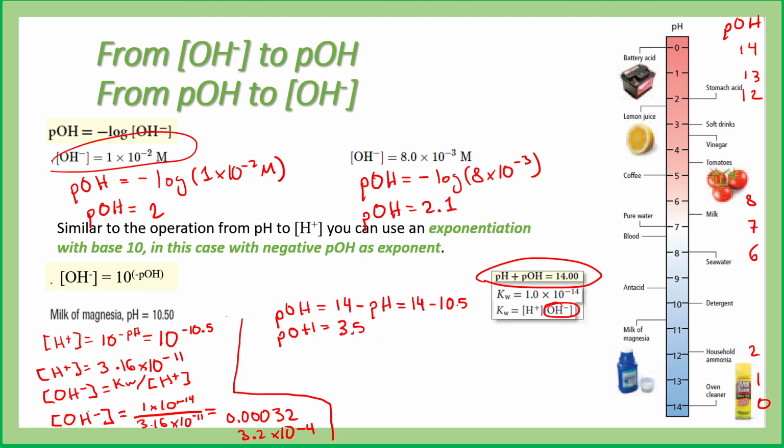And then you can use this formula: hydroxide ion concentration equals 10 to the negative 3.5. That's equal to 10 raised to the power of negative 3.5, which is 0.00032, which is 3.2 times 10 to the minus 4.